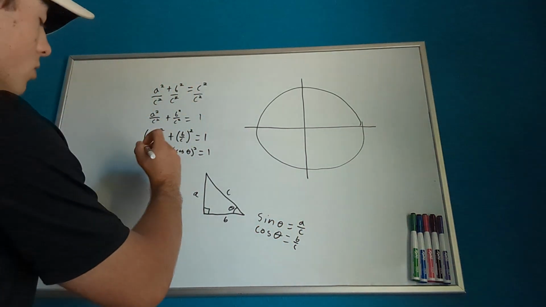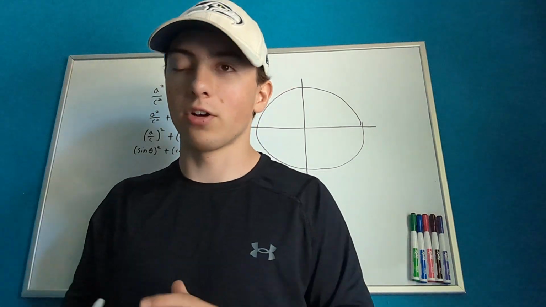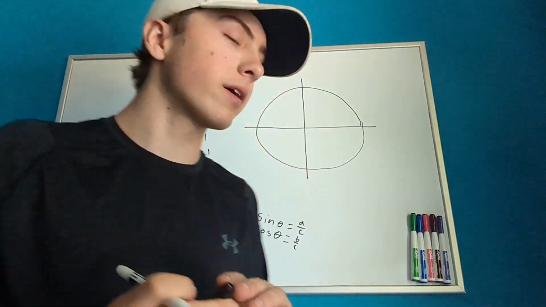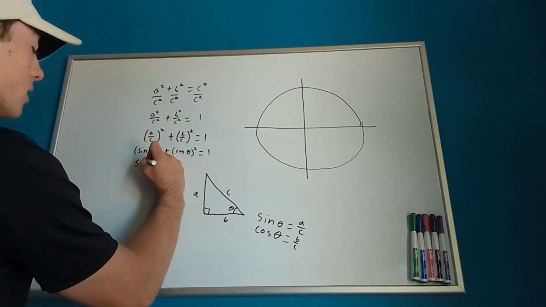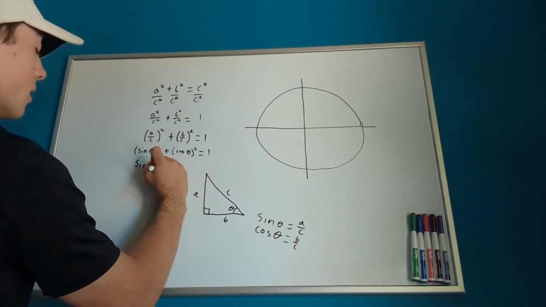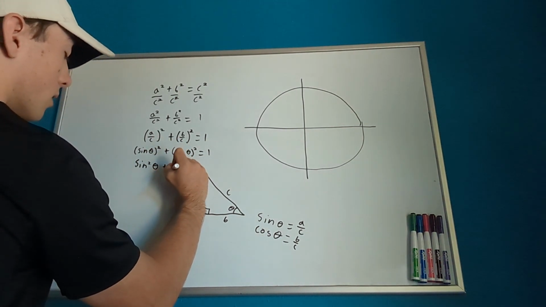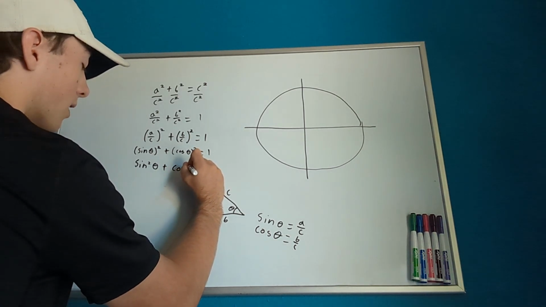Something to note with the notation: when you have a trigonometric function like sine or cosine or tangent, and you square it, you take that exponent and put it here in front of the theta. I'm not a huge fan of it.